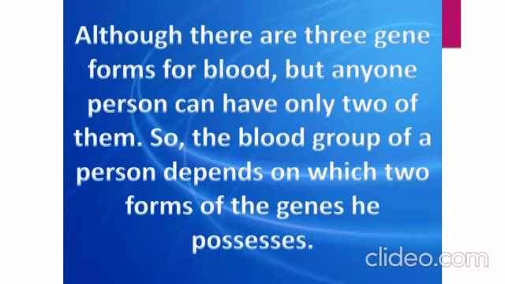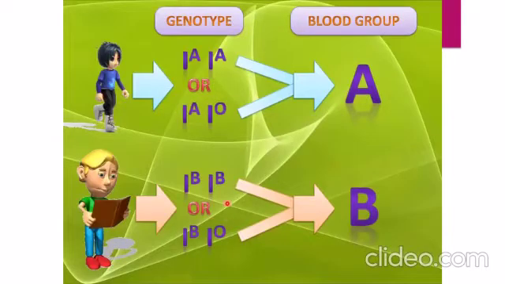As we know, the chromosomes are paired, so the blood group may have genes in pairs like this. This is the genotype of blood group A. IAIA means having blood group A. IAIO is also blood group A. Similarly, blood group B has IBIB or IBIO.